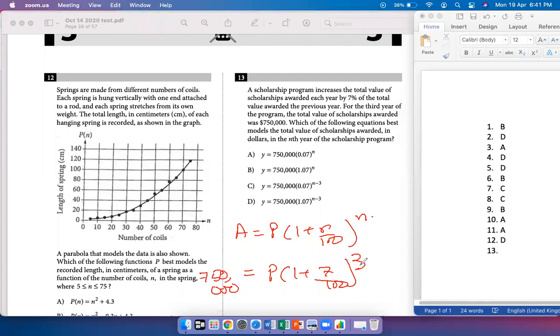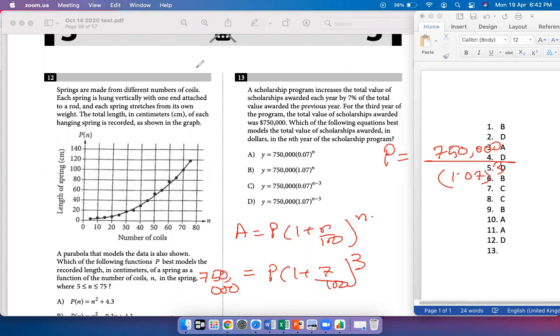That's what I get. So I find that the principal, the amount in the first year, would be 750,000 divided by 1.07 cube, right? So that becomes my first year.